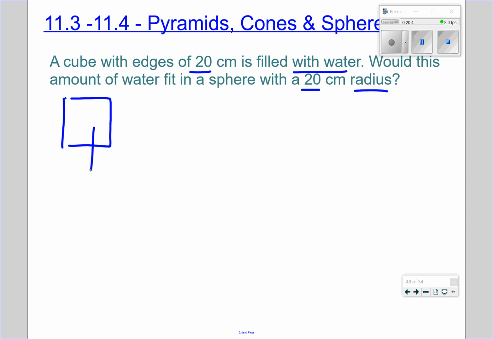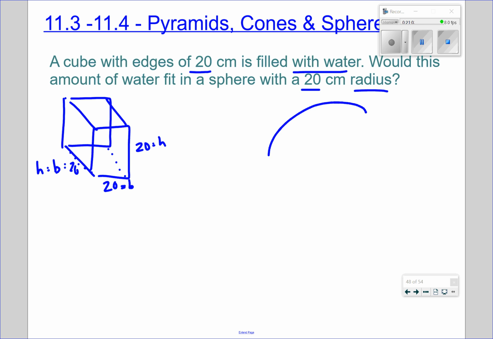If we have a cube with a 20 centimeter edge, that means that all edges are 20 centimeters. So height, and then base, and then base or height of the base.